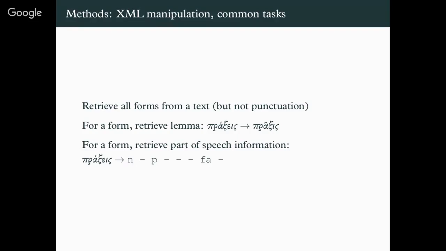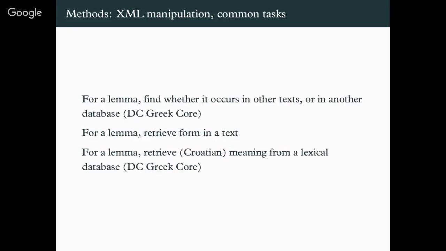When we have a form, we wanted to see its lemma and its part of speech. If you think about this information as fields in a table, we wanted to go from the first field to the second, from the second to the third, and so on.